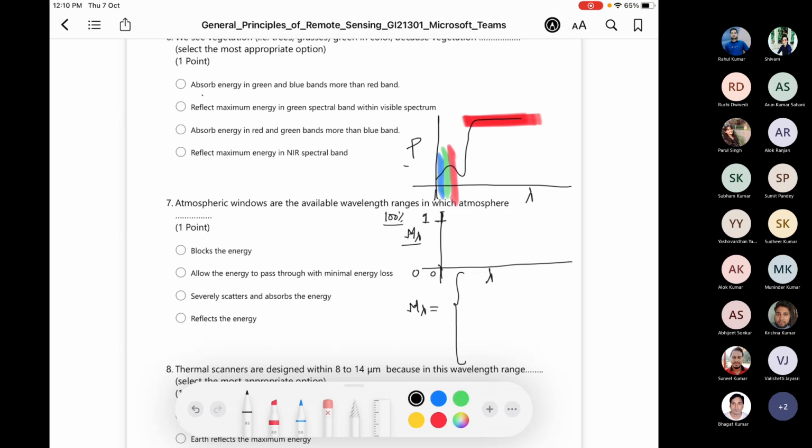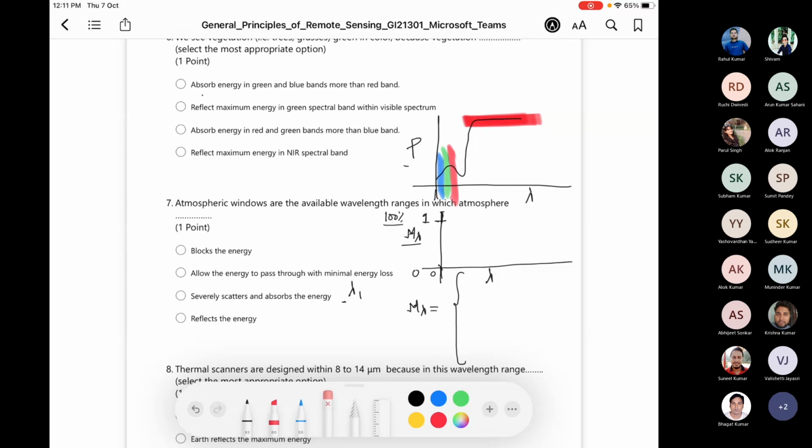Okay. So mathematically, you need to write the range, let's say lambda 1 to lambda 2. And when we talk about atmospheric transmission over here, you know what lambda min is? What is the lower limit? First we need to define the domain, and then you calculate the range for tau lambda.